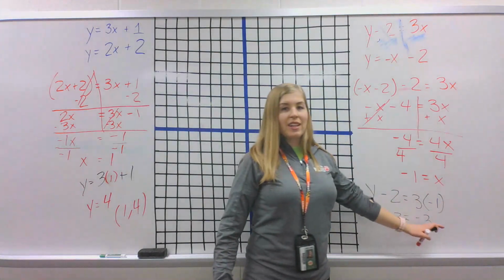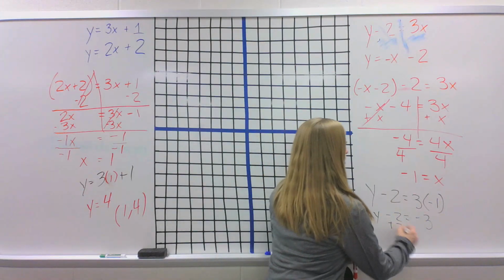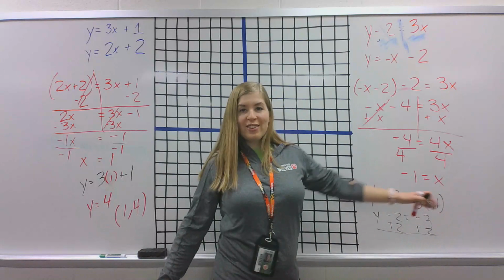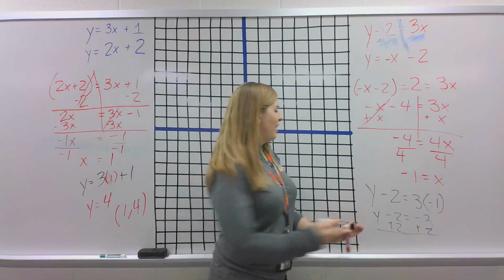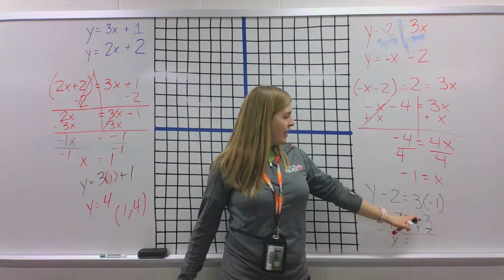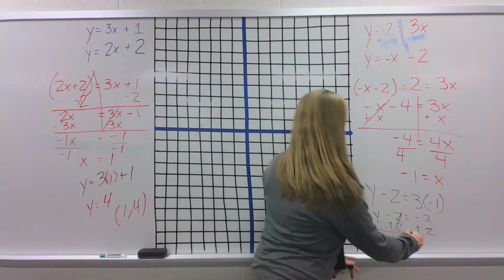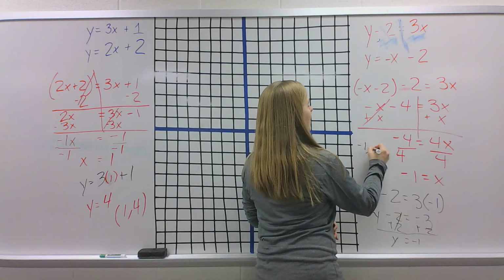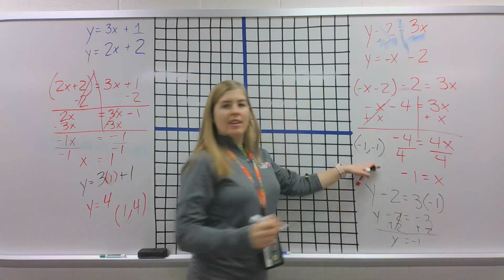Y minus 2 equals negative 3. We're going to add 2, the inverse operation, to get 2 on the other side. And then this cancels out. Y equals negative 3 plus 2, which is negative 1. So our final answer would be negative 1, negative 1.